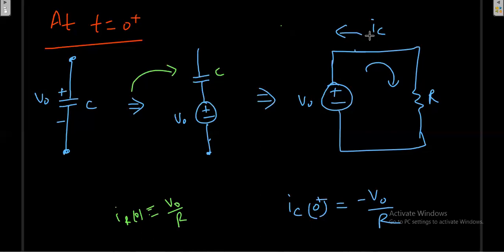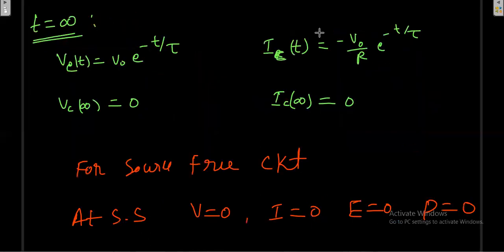Again, the resistor current and capacitor current are just opposite. So the current through the circuit will decrease. If VC of t is equal to V naught e power minus t by tau, then what is IC of t? With the differentiation formula you can write it: minus V naught by R e power minus t by tau.